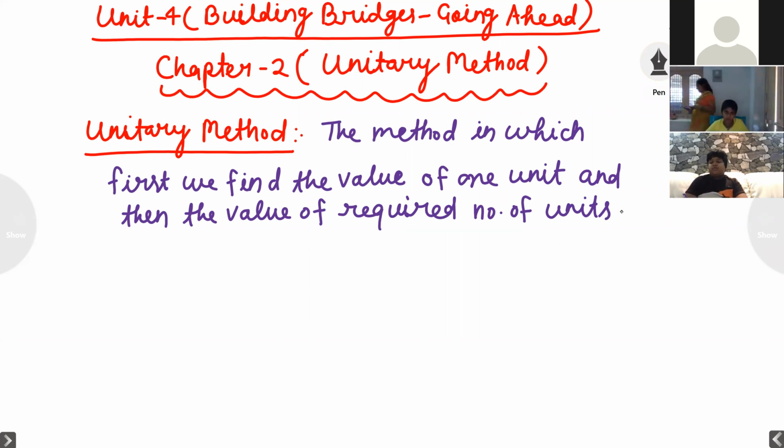What is unitary method? The method in which first we find the value of one unit and then the value of required number of units is known as unitary method.